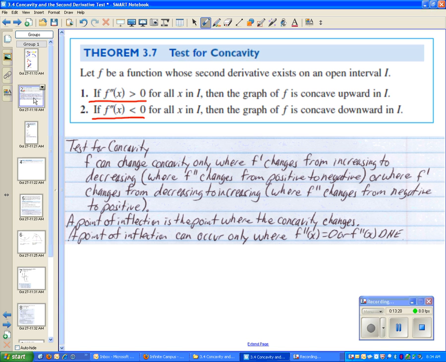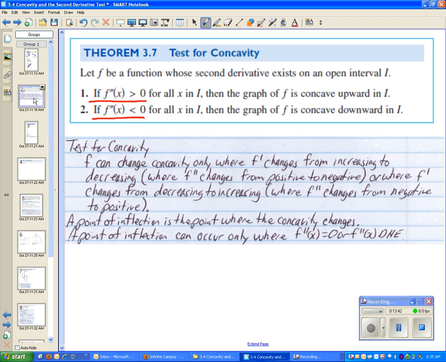Increasing means derivative positive, decreasing means derivative negative. So if it's F prime that's changing, it's F double prime that's changing signs. Or where F prime changes from decreasing to increasing. So if F prime is decreasing, that's F double prime negative. If F prime is increasing, that's F double prime positive.